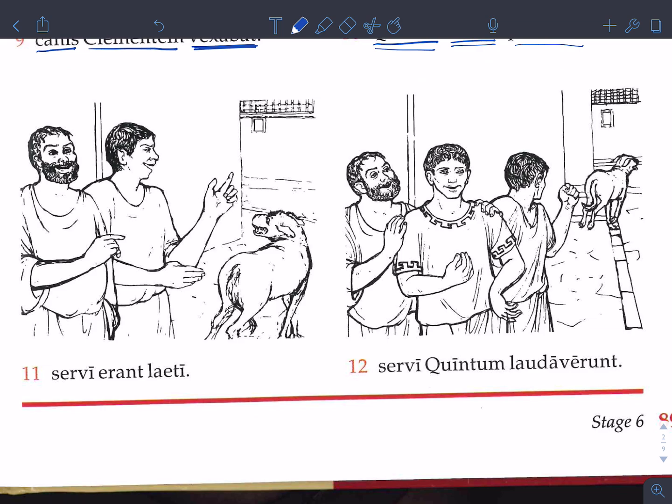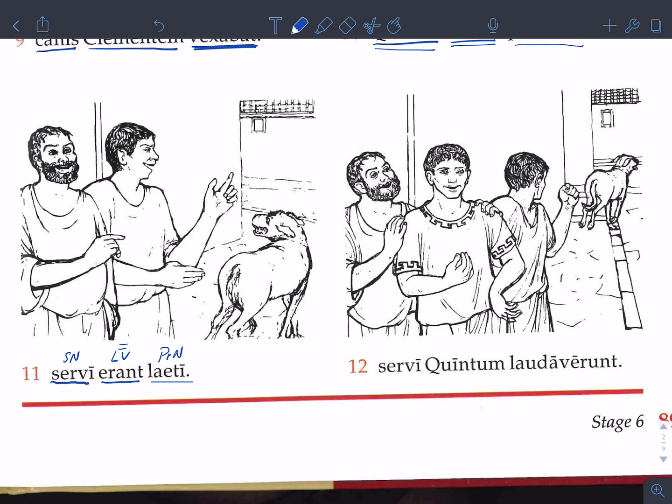Servi erant laeti. Okay, and number 12, servi quintum laudaverunt. Okay. All right, so this is your subject noun, your linking verb, and your predicate nominative. The slaves were happy.